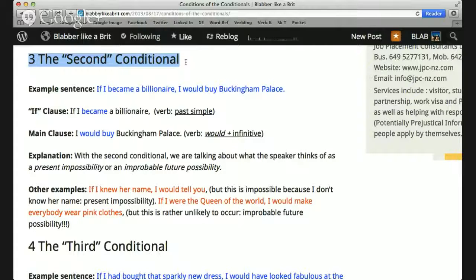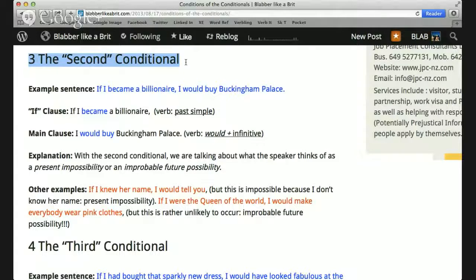If clause: If I became a billionaire, verb past simple. Main clause: I would buy Buckingham Palace, verb would plus infinitive. Explanation: with the second conditional, we are talking about what the speaker thinks of as a present impossibility or an improbable future possibility. Thank you, Isaac.